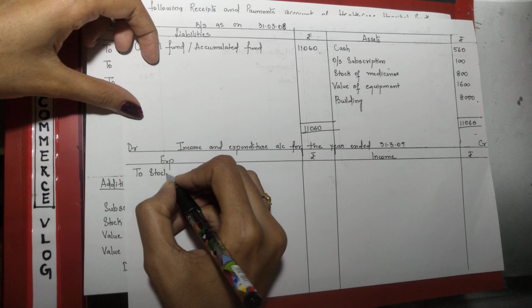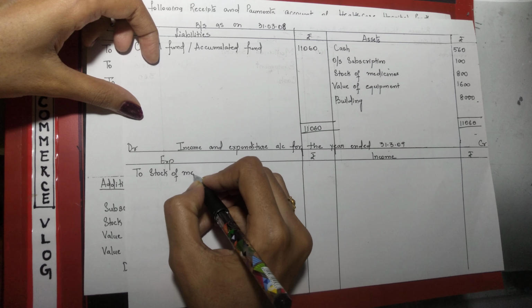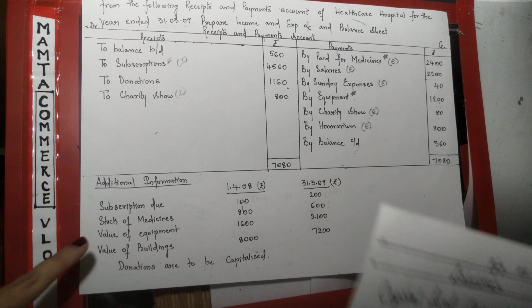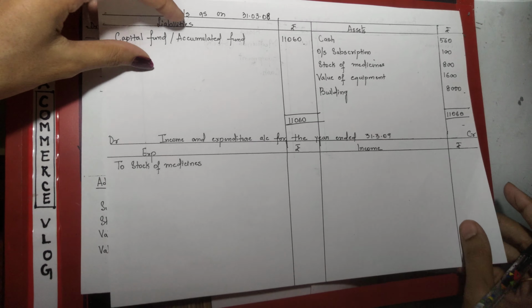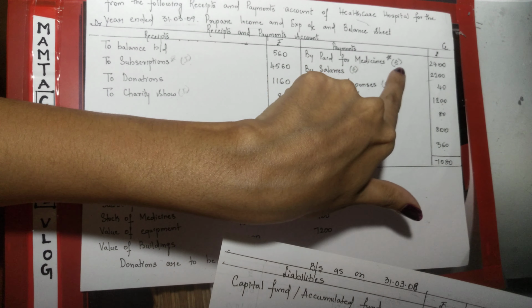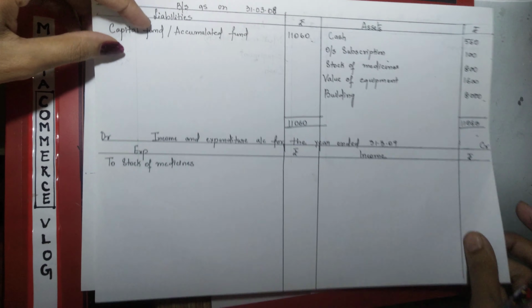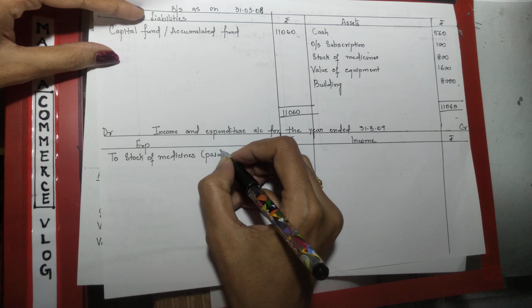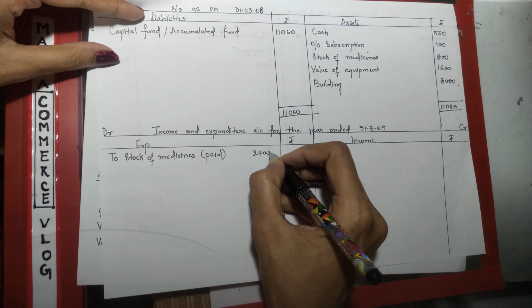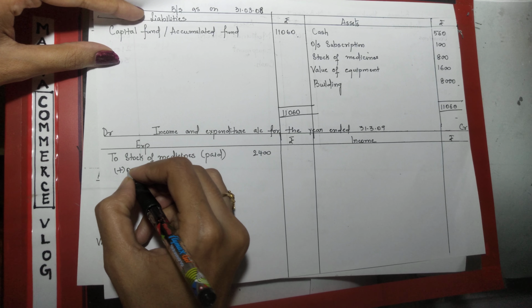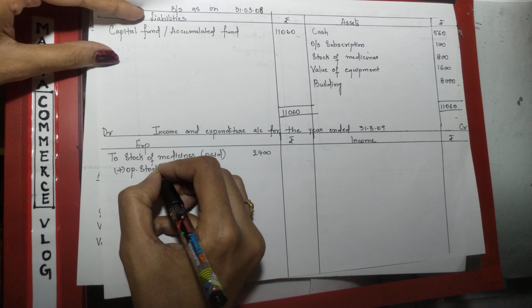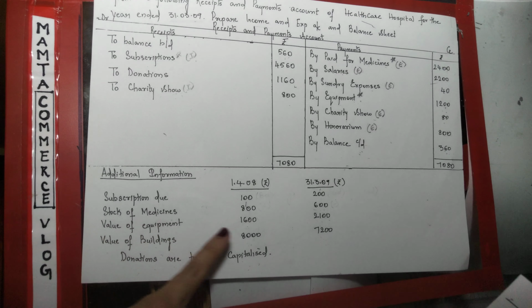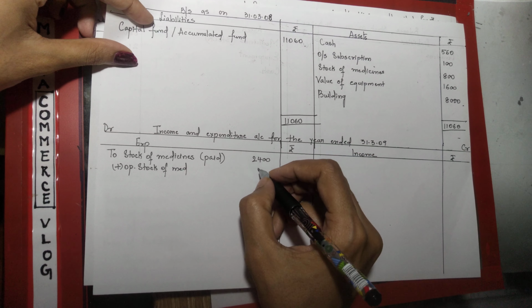stock of medicines. So the opening stock of medicine is 800 and they paid for medicines 2,400. So paid is 2,400. To this we will add opening stock of medicines, and the opening stock of medicine is 800.